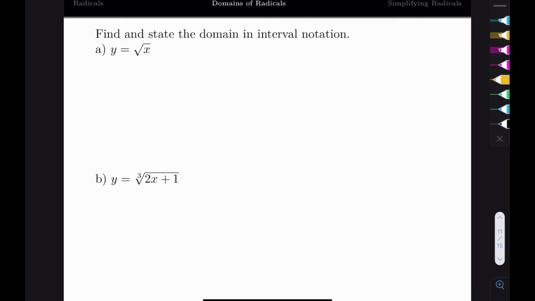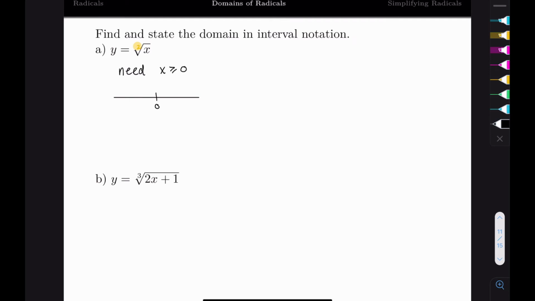For this first one, we want to find and state the domain in interval notation. And so again, no index there means that it's a 2. So since it is an even root, we need the expression underneath the radical to be greater than or equal to 0. Okay? And this would be fine if it doesn't ask you, or it just asks for an inequality, but because we need to put in interval notation, let's go ahead and graph a number line.